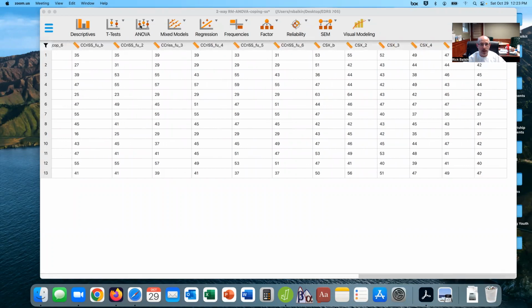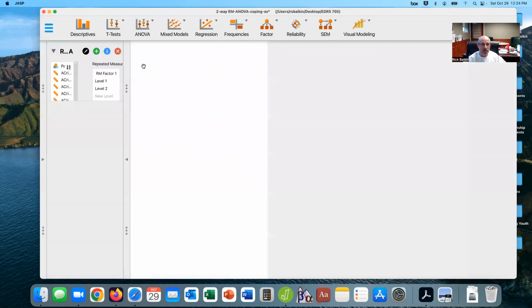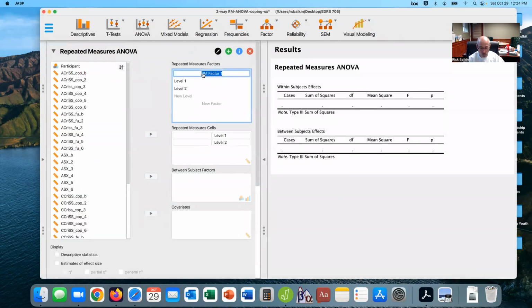So I go to ANOVA, I go to repeated measures ANOVA. I'm going to put in rater, and I'm going to put in the adolescent as one rater, it's self-report, and then the clinician's rating of the adolescent's symptoms. And then my other factor here is going to be time from baseline to week 6.